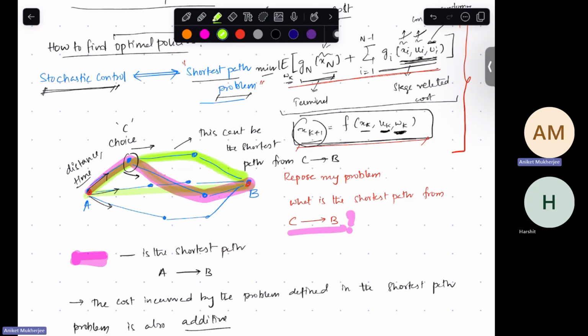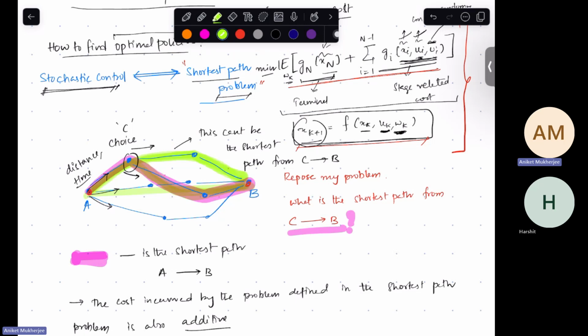So the observation that we have made here is that in the shortest path problem, if you know the optimal path to go in your whole problem of A to B, now if you're allowed to choose a sub problem in that path by keeping your terminal state constant, then also the sub problem's optimal path would be a truncated version of the total path.